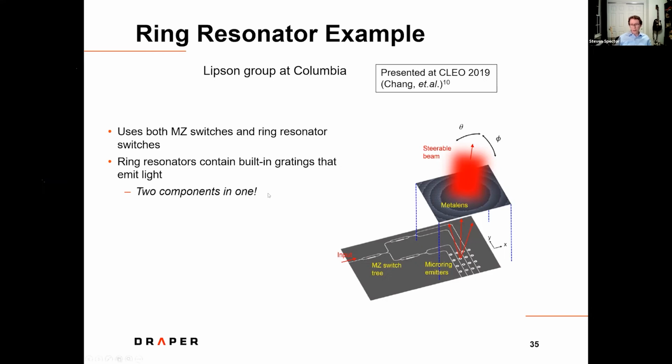But you get two components in one, which is really convenient because you are trying to minimize the size here as much as possible. The last thing they did is they used a meta lens, which is just a flat type of lens, where they create an index slope in the material using metamaterials. But this technique with the ring resonators and switches would work just as well with any lens. They just happen to use a meta one.